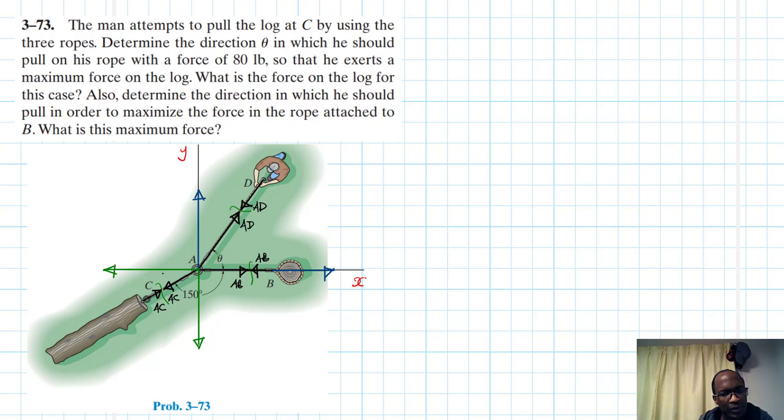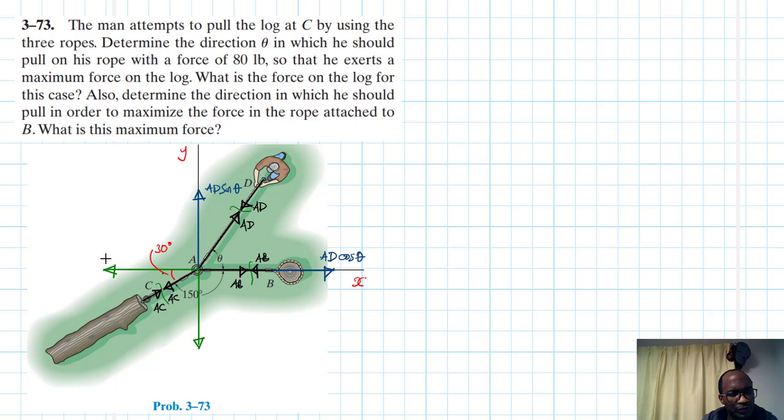Alright, but we know that this angle here is just going to be equal to 180 minus 150, so this is equal to 30 degrees. So this force here becomes equal to AD cos theta, and this is AD sin theta.